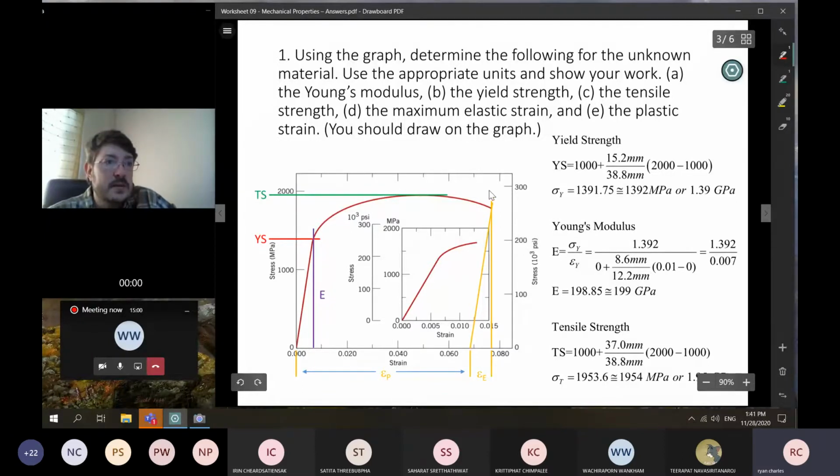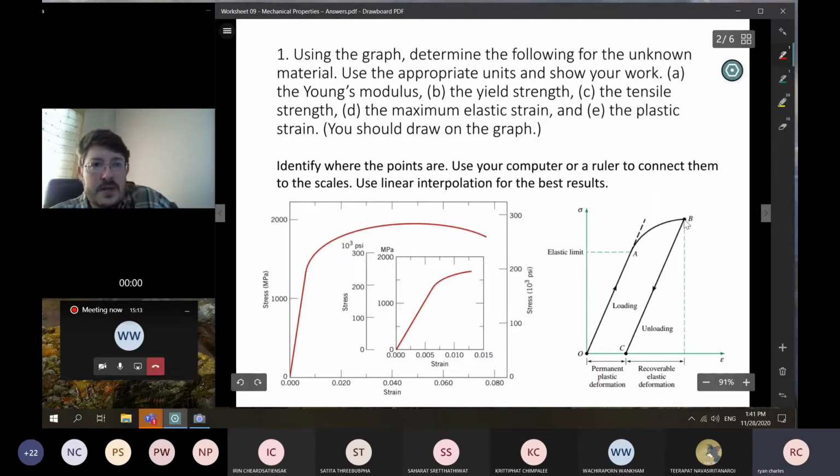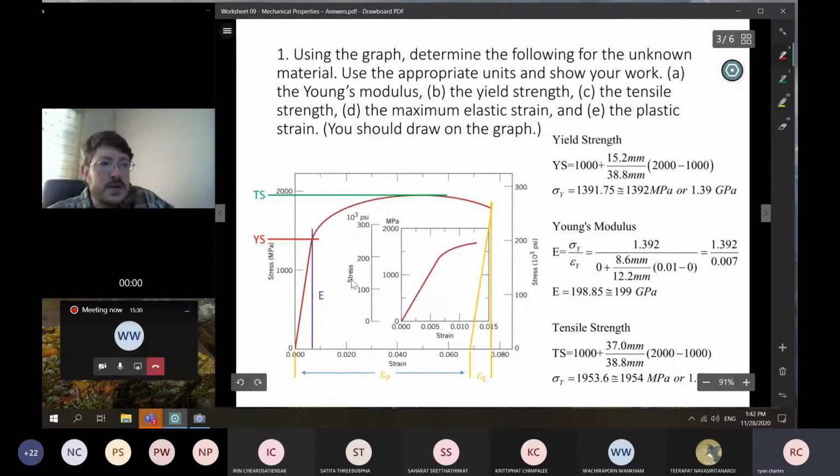You'll see down here, we want to find the strain. In those figures, and I believe I pointed this out in the lecture, you have this unloading line, which is going to be parallel with loading. So you get your ruler out, or you draw a line digitally, and you shift it over until you find the ultimate strength there.